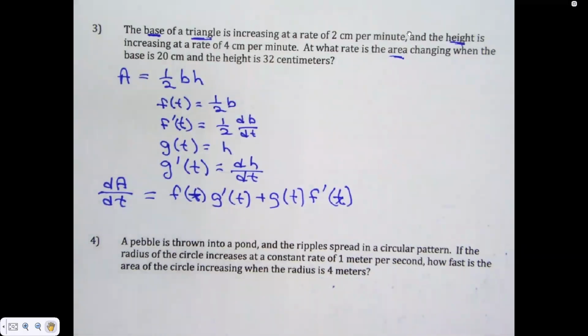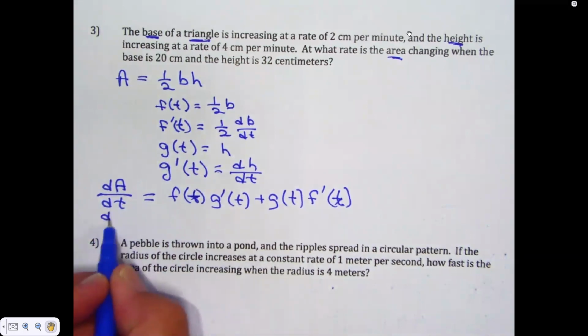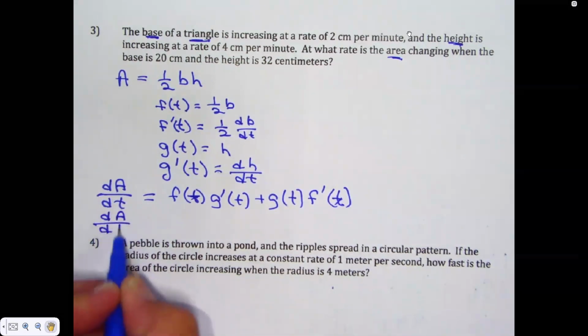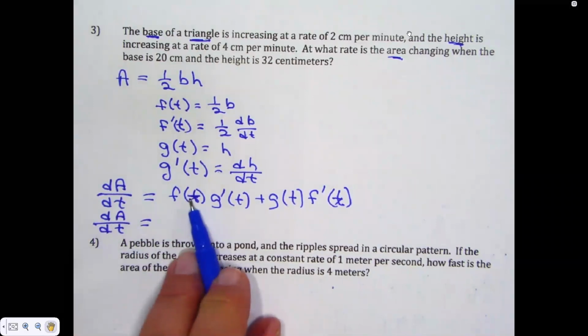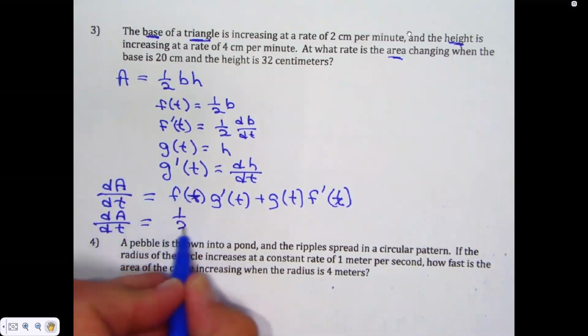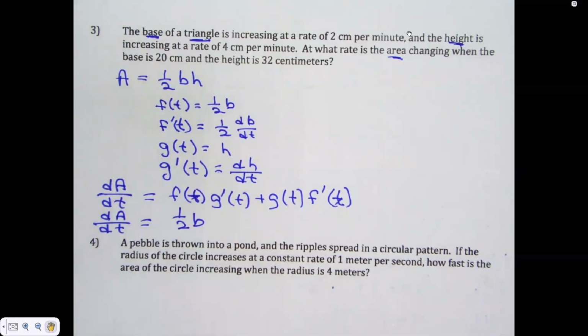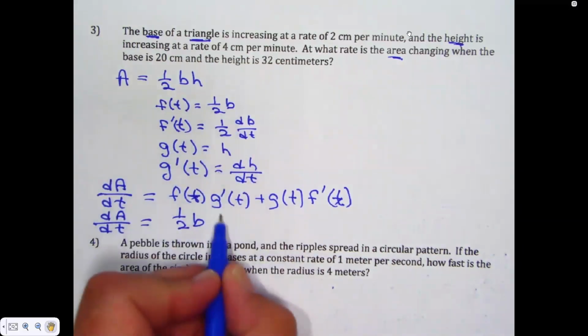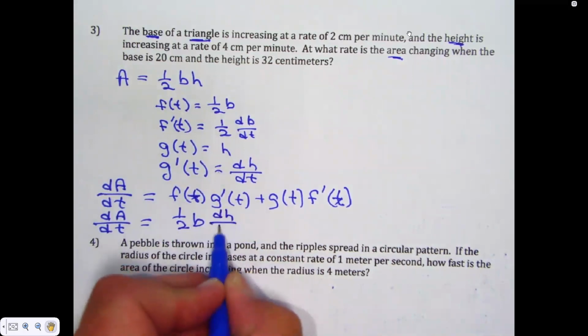So this guy's going to stay dA dt. F of t is 1/2 b. And then the derivative is, now be careful, dH dt.